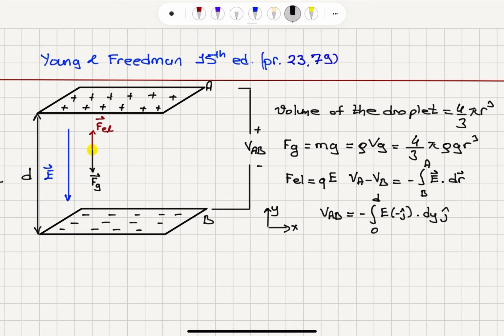So I find that the potential of A with respect to B is E times d. Why? Because this integral will give me y as the result, and y evaluated between 0 and d will be d. The minus signs will cancel. So instead of the electric field E here, I can write the potential difference VAB divided by the separation between the plates d.